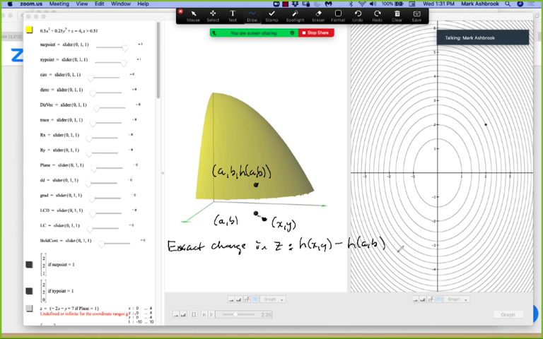But now I want to get a really good estimate using calculus. And this is review. So, estimate of dz using calculus.